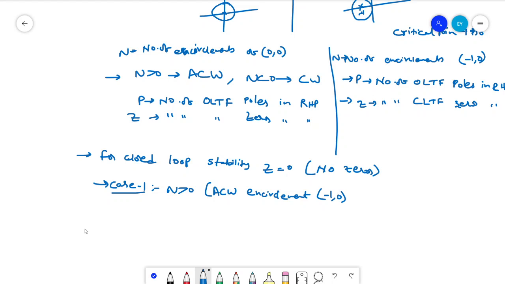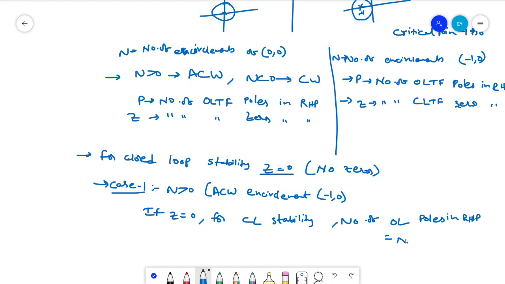Okay, and if Z equals 0, for closed loop stability, the number of open loop poles in the RH plane should be equal to the number of encirclements. Okay, this is case 1.